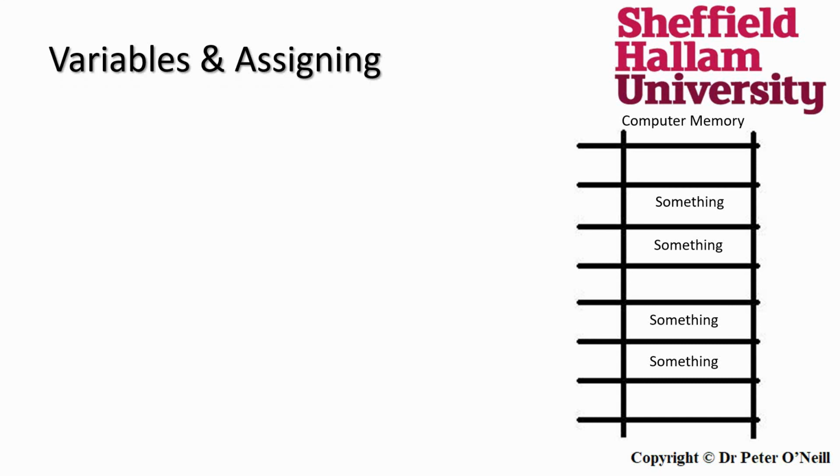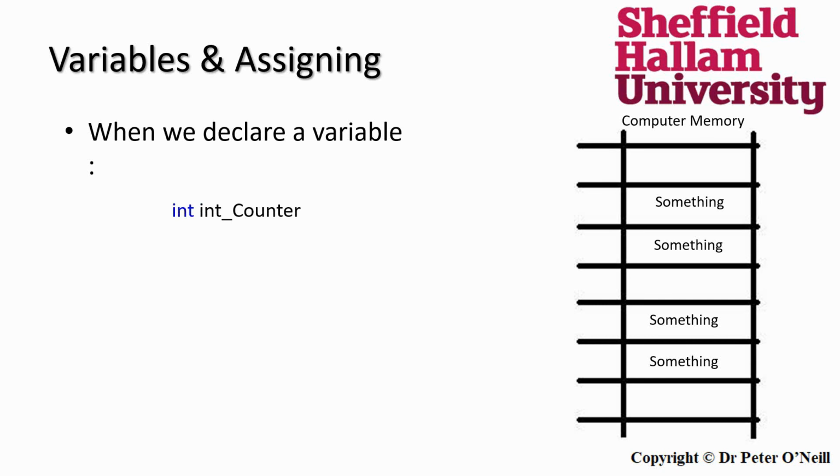So these single spaces in theory should have quite a few spaces in order to get the values in. When we declare a variable like this, it says, right, I need a space that's large enough to take the biggest number that can be put into that.